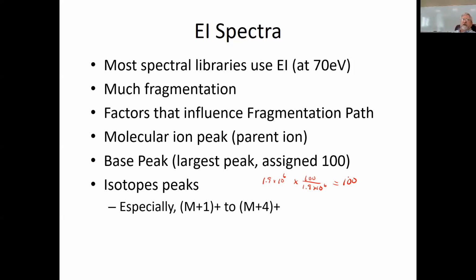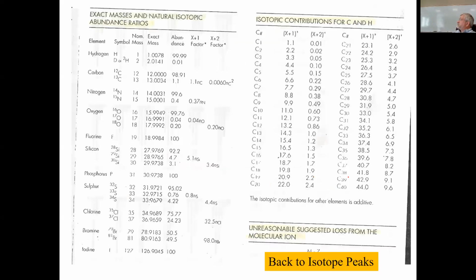It's 1.1%, I think. So those probabilities, what's the probability of having different isotopes in a compound? Well, those probabilities are going to determine the relative sizes of the isotope peaks.